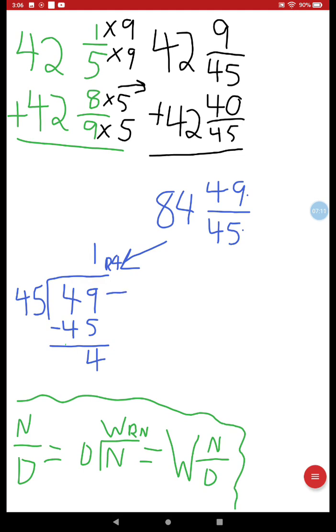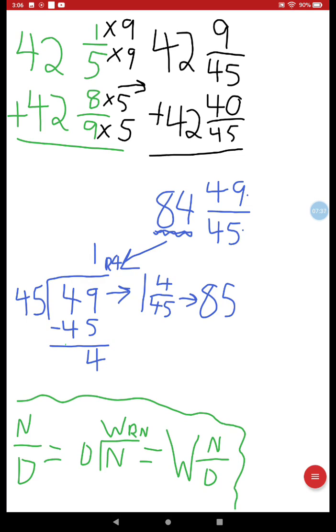Remember, I rewrite that as 1 and 4/45. I added 84 before, I forget about it. 84 plus 1 whole is 85. And now I ask myself, can 4/45 be simplified?